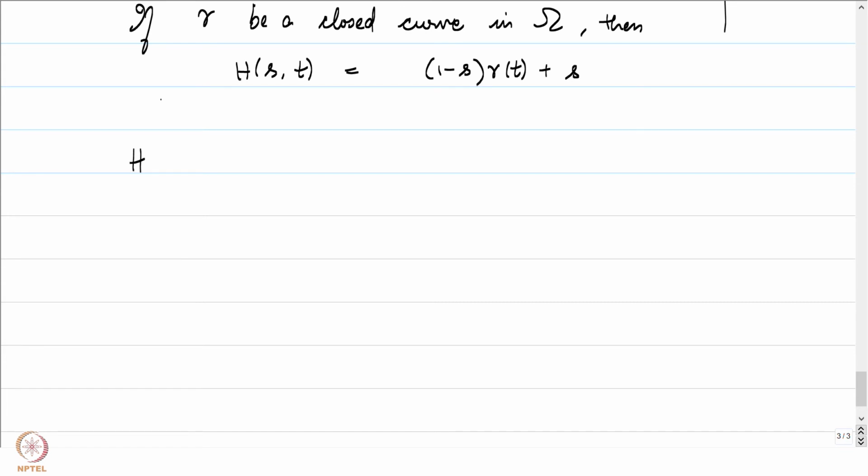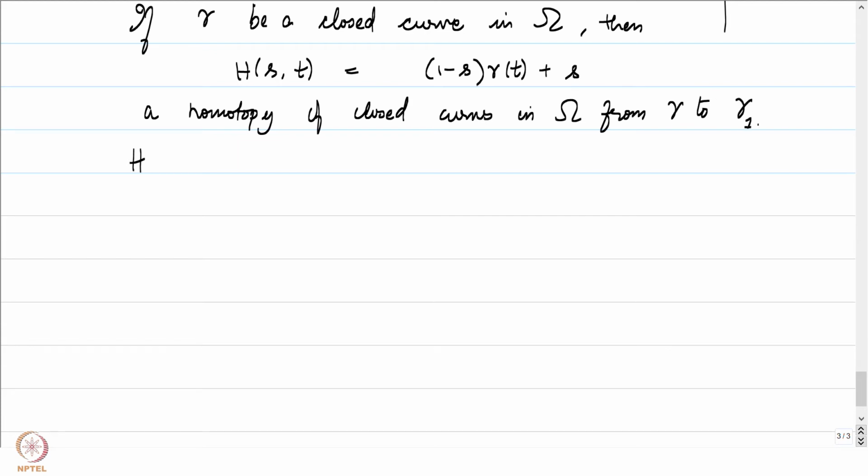So let me just say that this is a homotopy of closed curves in omega, from gamma to gamma 1, the constant curve. Hence omega is simply connected.